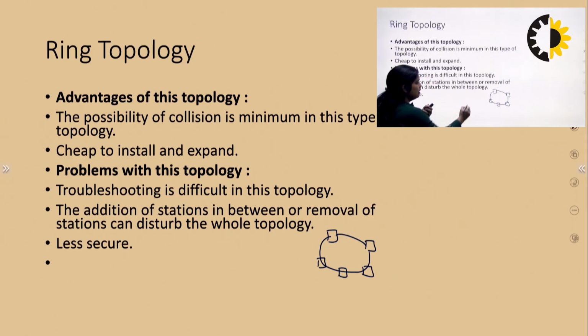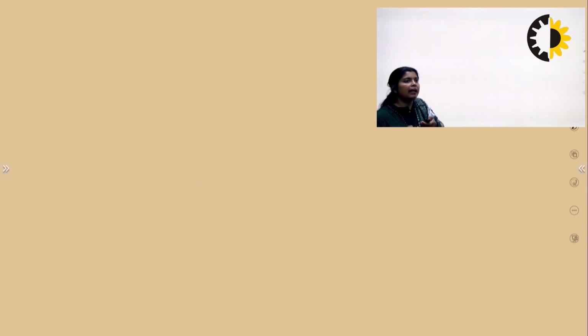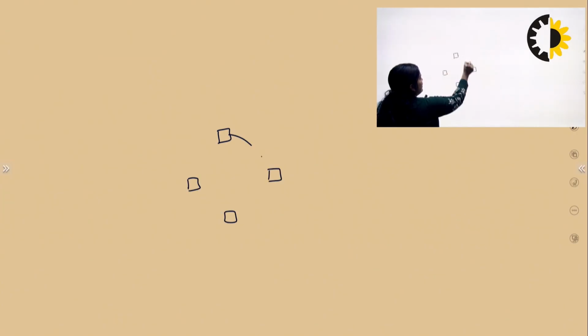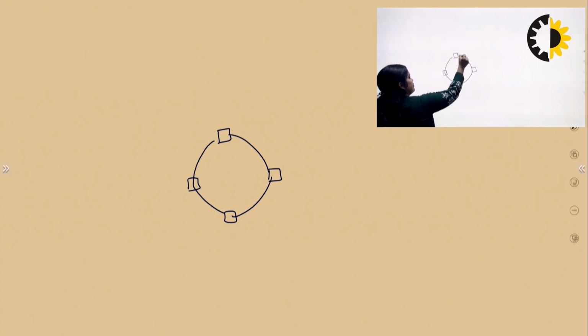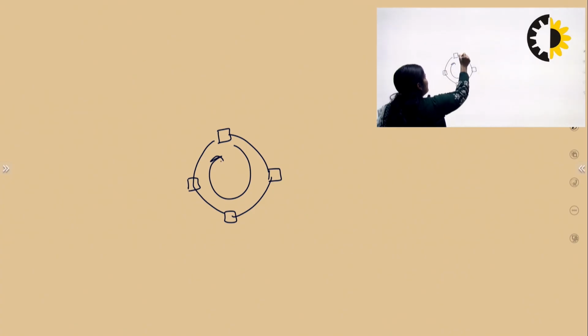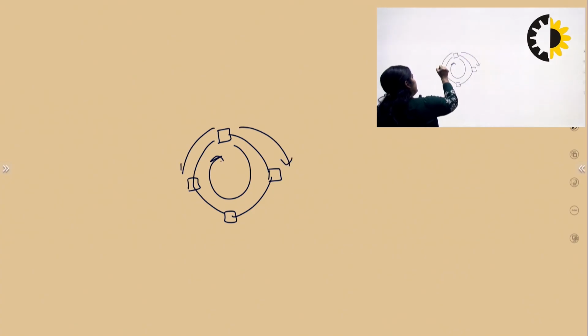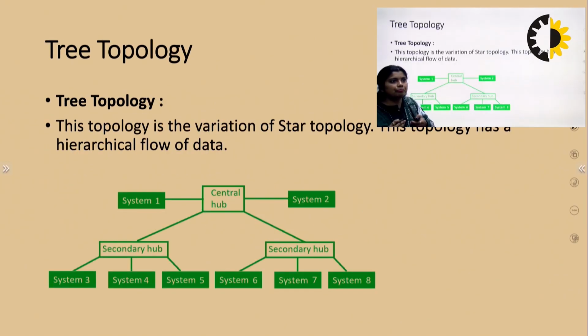So we can see simply that in the ring topology, n-1 cables are required. And the ring topology is either unidirectional or bidirectional. If the ring is connected like this, moving in only one direction, that is unidirectional. And if the ring is connected like this and like this also, then it is called a bidirectional ring.